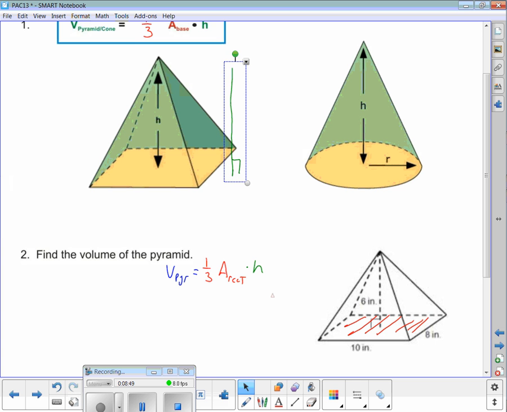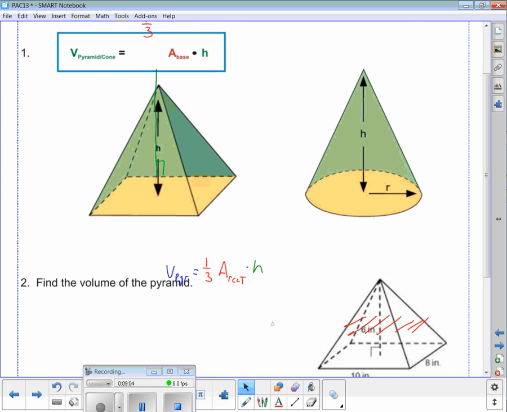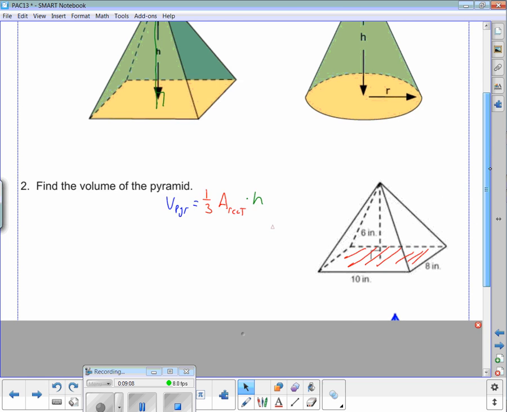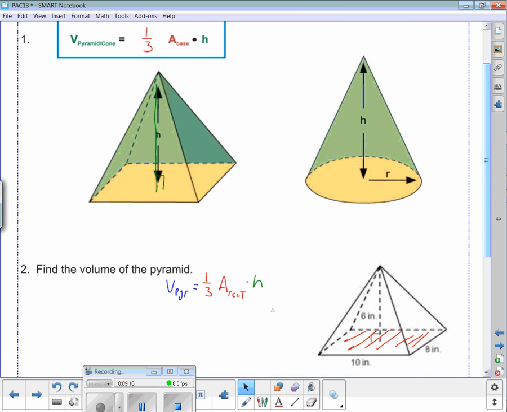As long as it's the distance from the height perpendicular to the peak, right? Doesn't matter where it sits. Here they show it going from the center of the pyramid right up to the peak. Same thing with the cone. From the center of the cone right up to the peak, okay? That is the height. So be careful.